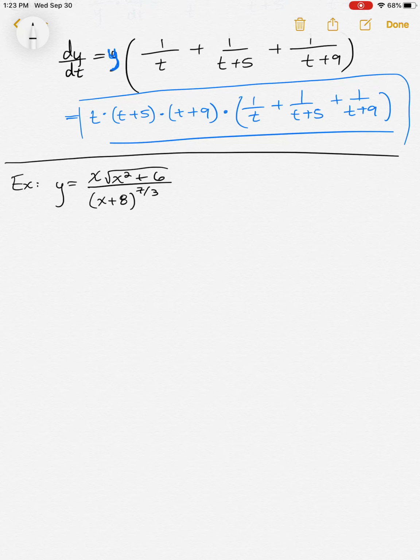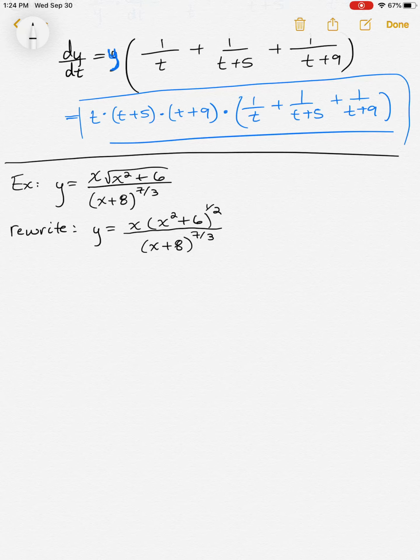First thing we're going to do is rewrite all of this madness. We have y equals x times x squared plus 6 raised to the 1/2 power over x plus 8 raised to the 7/3 power.